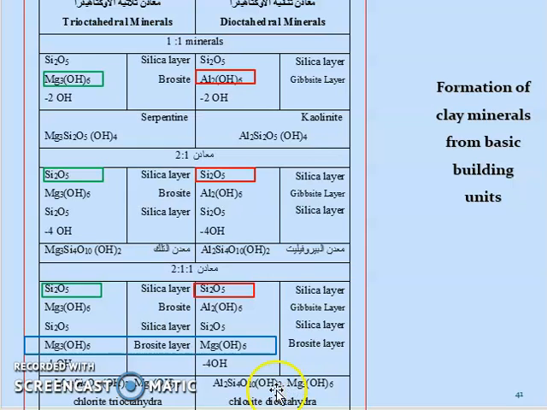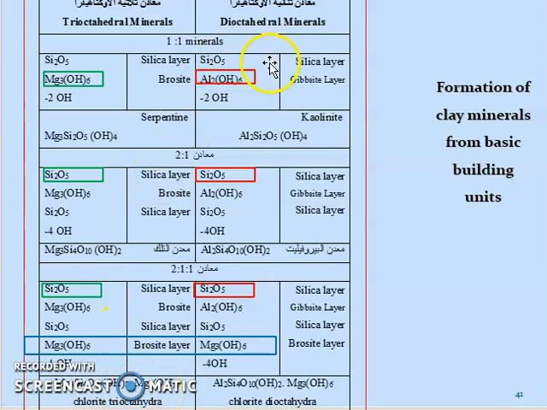So you have two types of chlorite. Dioctahedral chlorite is a pyrophyllite with a brucite layer addition. Trioctahedral chlorite is like the talc mineral added with a brucite layer.